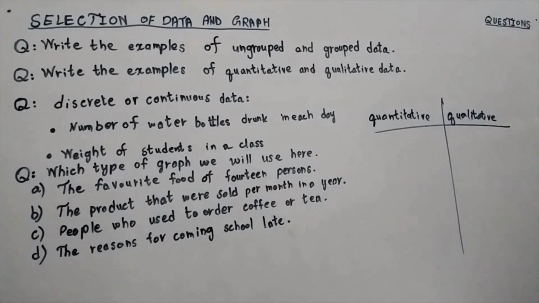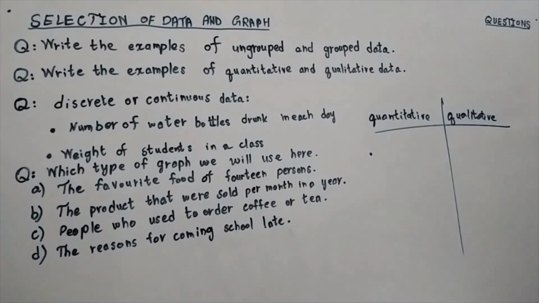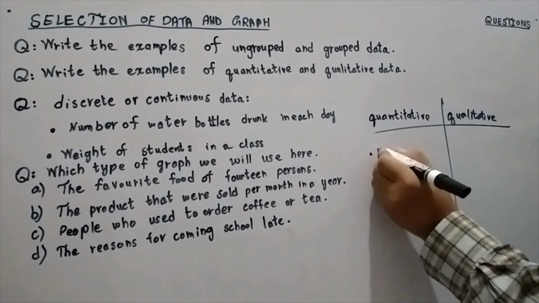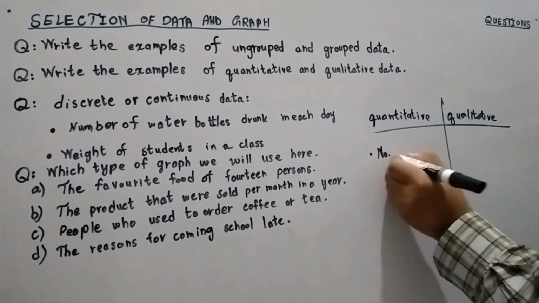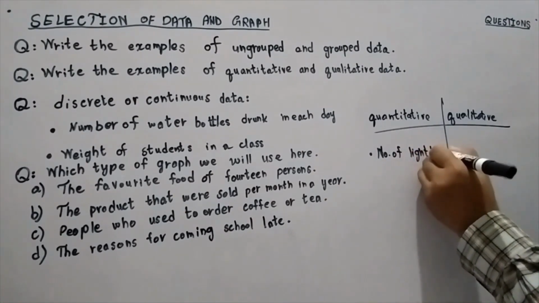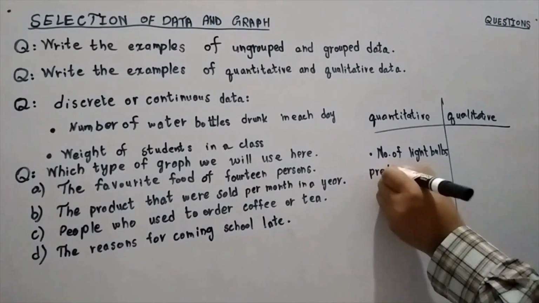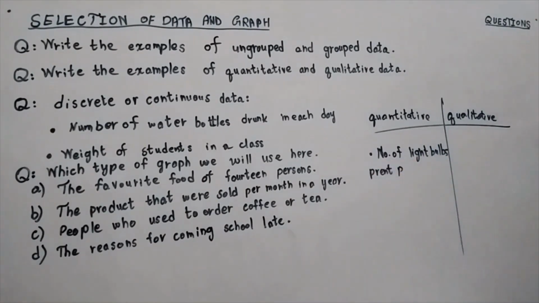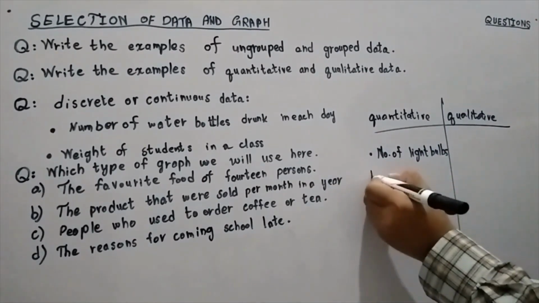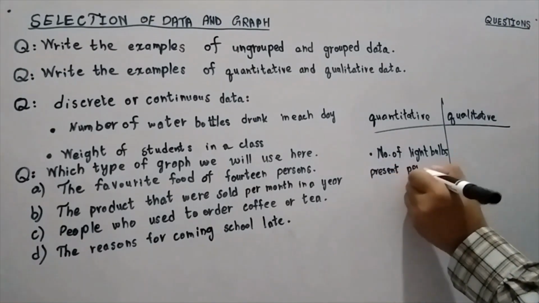Here we have quantitative data. It means we have to write any type of data in which numbers are present. So I can write here: number of light bulbs present per room.